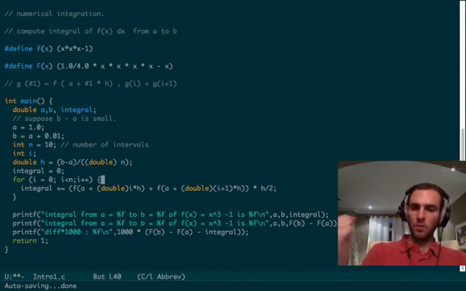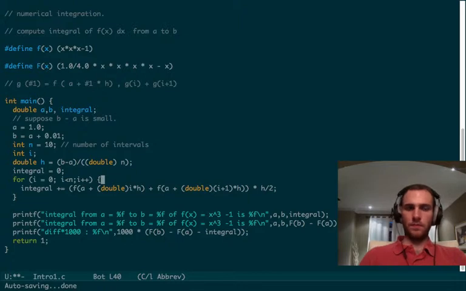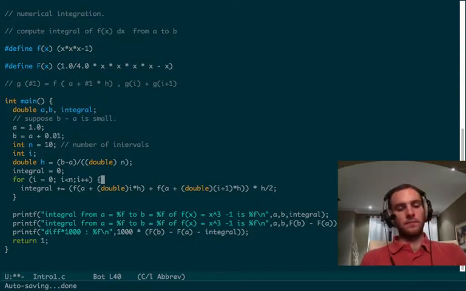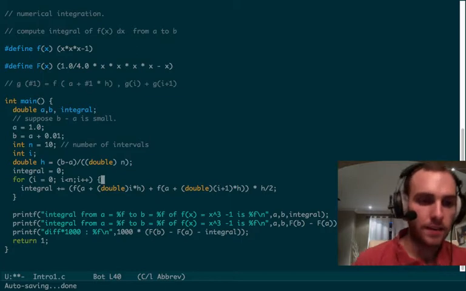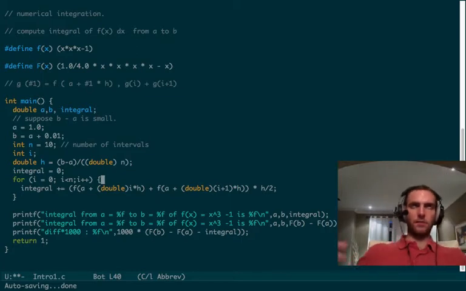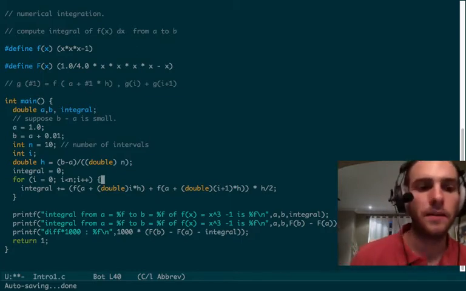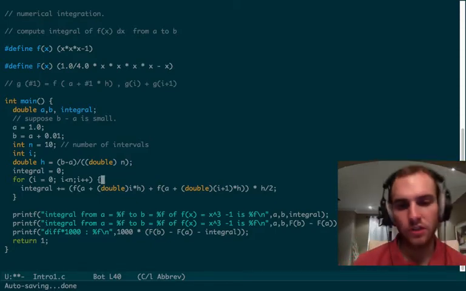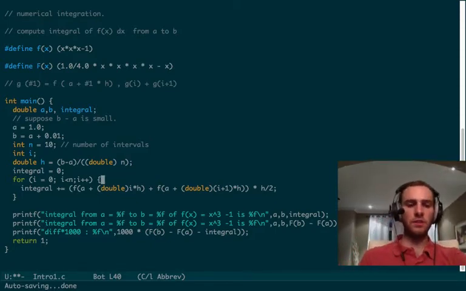And we do this for almost every point. The only points where we don't do this is the first point, where we only add it once, and the last point, where we only add it once. So we could rewrite this. We have this sum, and because we can reason about the value of this thing, we can change the code so that we get the same result, but we compute f less often.